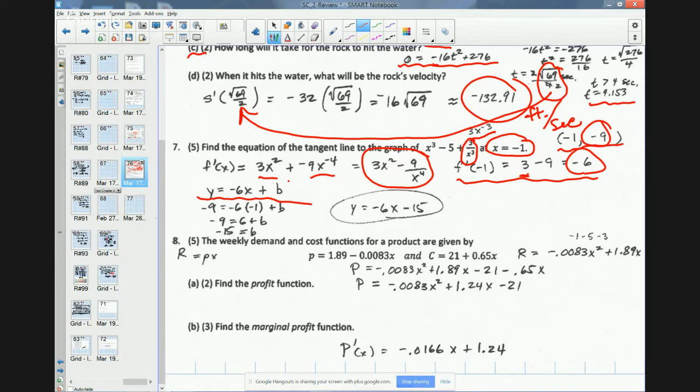So you'll need to do that. Otherwise, you won't be able to make this substitution, y for -9 and -1 for x, and solve for b. It's negative 15, and so, ta-da, we have the equation of the tangent line at x equals negative 1 to that graph.